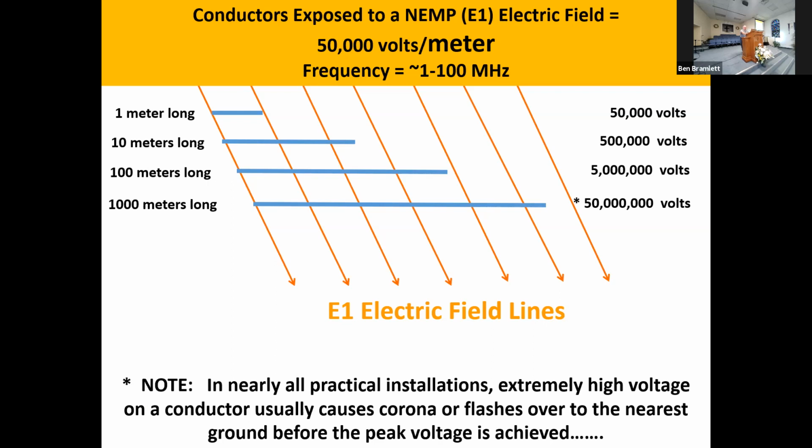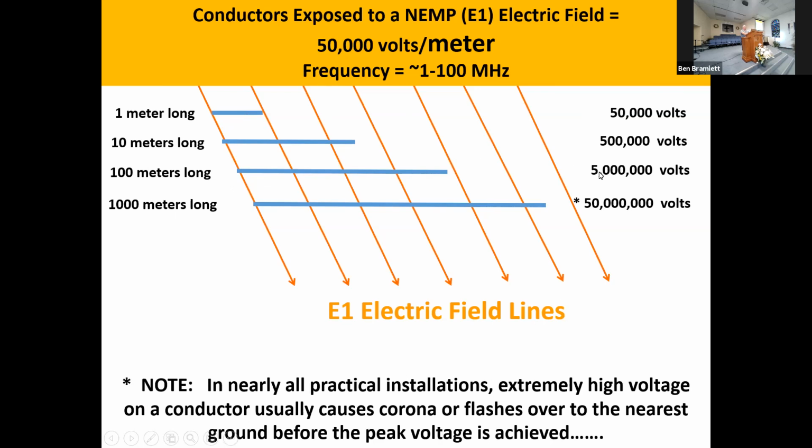With the E1 pulse, basically it radiates typically a field of 50,000 volts per meter. And what that means is, if you look at this funny little picture I made, if you have a 1 meter long piece of wire, that piece of wire will have 50,000 volts induced on it. If you have a piece that's 100 meters long, it'll be 5 million volts.